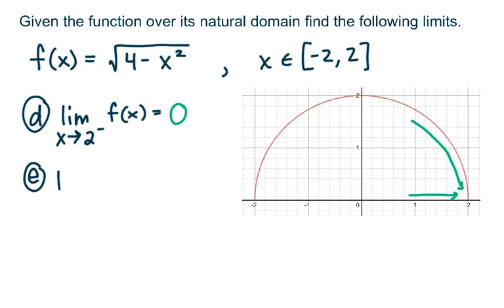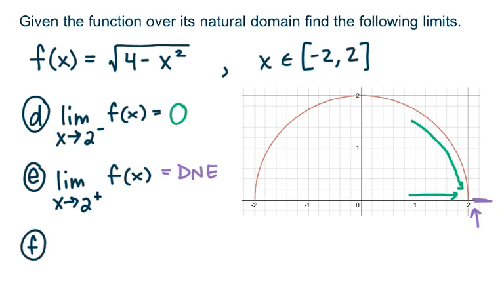So for part E, the limit as x goes to 2 from the right side of the function. In this situation, does the function exist to the right of x equals 2? Is there any graph on the right side of x equals 2? The answer is no. So we cannot approach it from the right-hand side, and we would say that the limit does not exist.